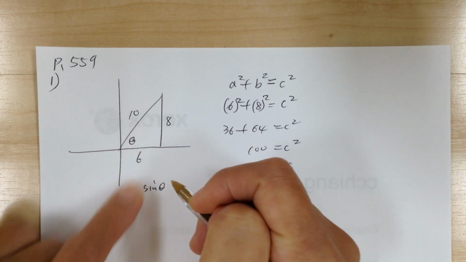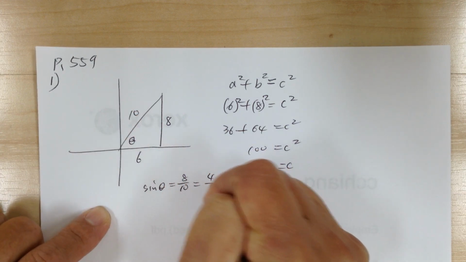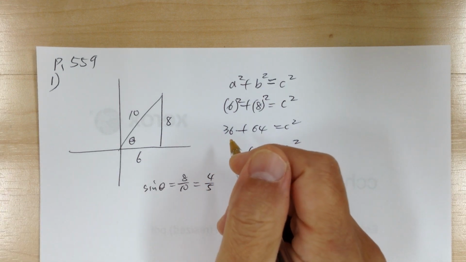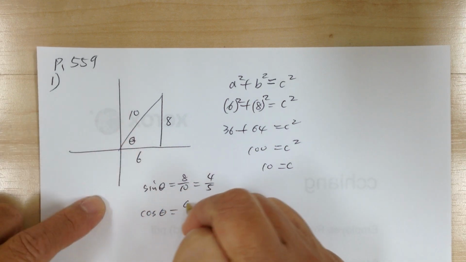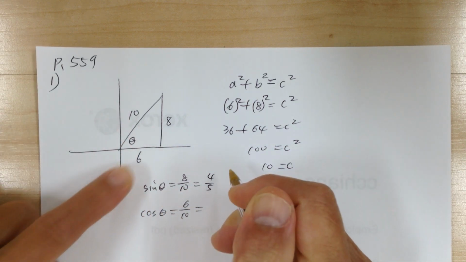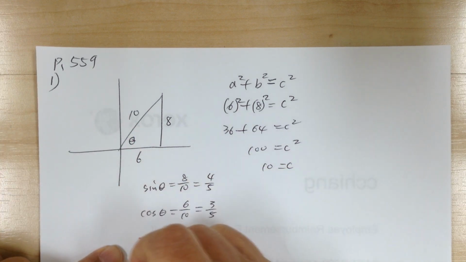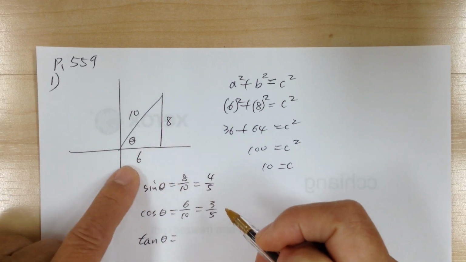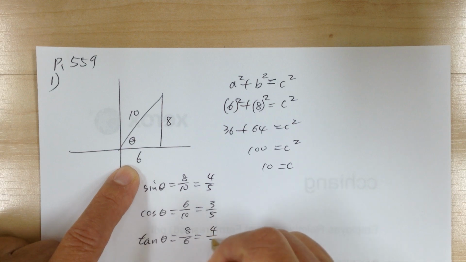So sine theta is this over this, so equal to 8 over 10, so equal to 4 over 5. Okay. And cosine is this over this, would be 6 over 10, so it's adjacent over hypotenuse, would be 3 over 5. And tangent theta is the opposite over adjacent, so it's 8 over 6, and so equal to 4 over 3.